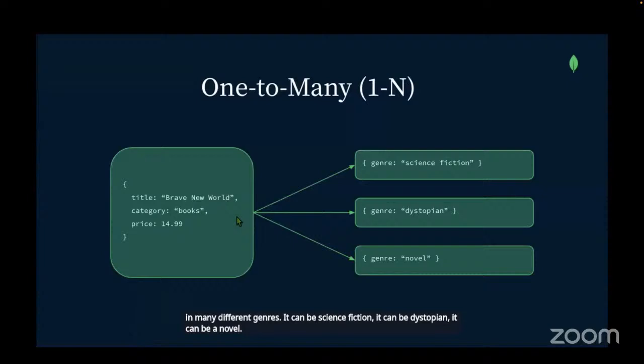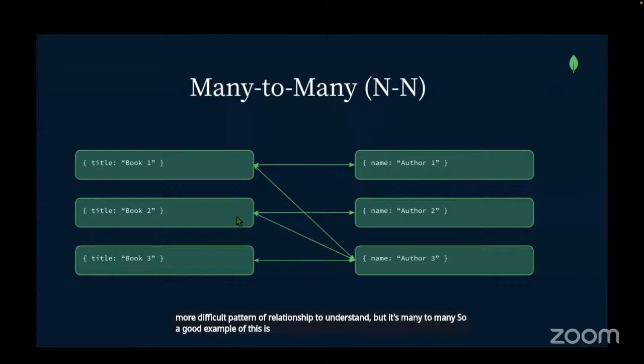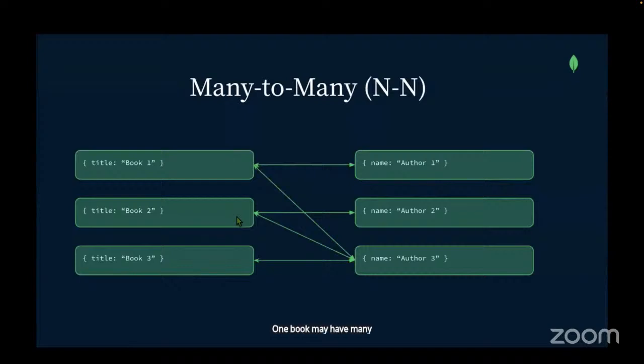That's a one-to-many relationship. And there's also a trickier pattern of relationship to understand: many-to-many. A good example of this is authors to books. One book may have many authors, and one author may have many books. That's a many-to-many relationship.